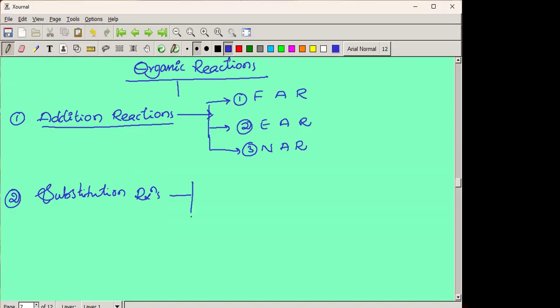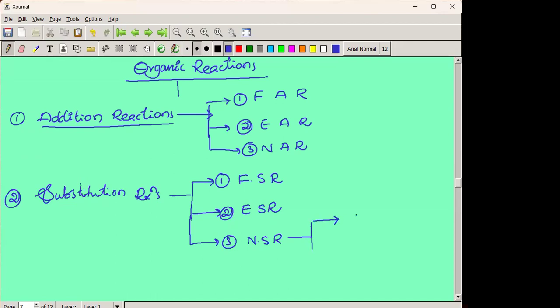Substitution reactions: these are electrophilic substitution, again free radical substitution reactions, electrophilic substitution reactions, and nucleophilic substitution reactions. How many types of nucleophilic substitution reactions?